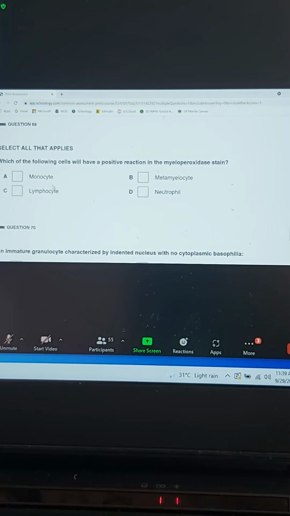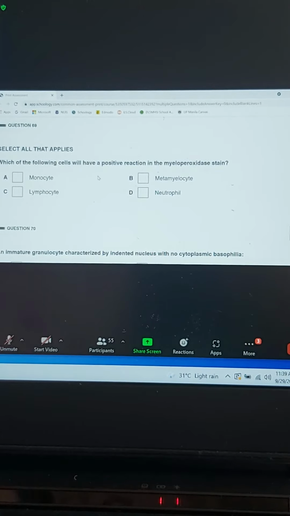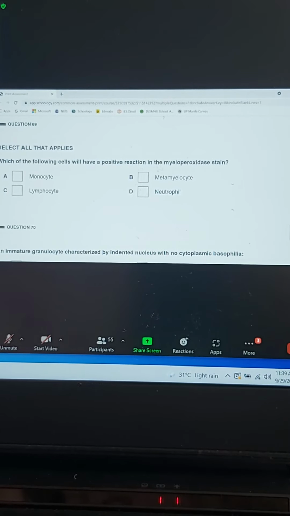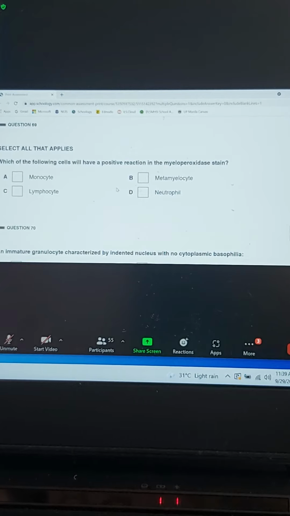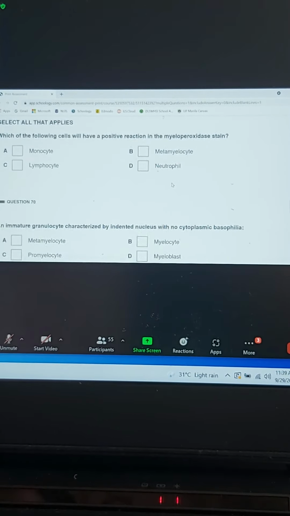So si monocyte and lymphocyte, hindi sila magpa-positive for myeloperoxidase. Kaya di ba sa cytochemical staining natin, MPO stain is used to identify metamyelocyte and neutrophil. Si monocyte, medyo pero very weak. Okay, so almost negligible siya. Kaya lagi natandaan, si myeloperoxidase, sa mga granulocytes siya.